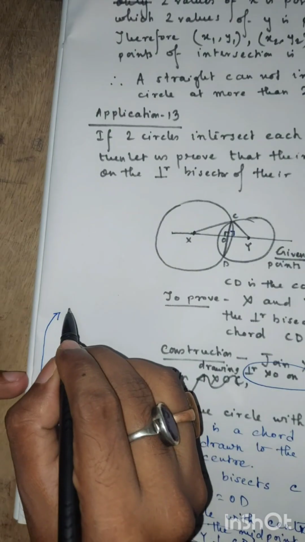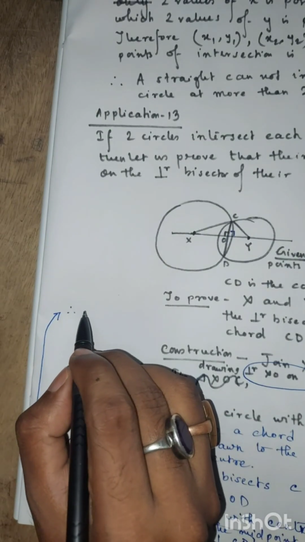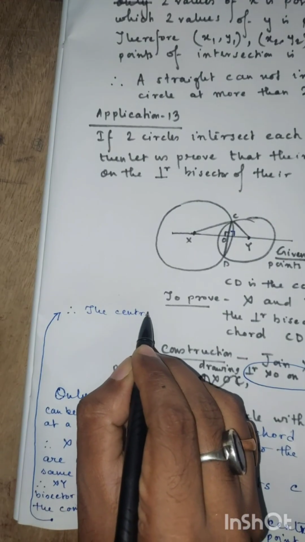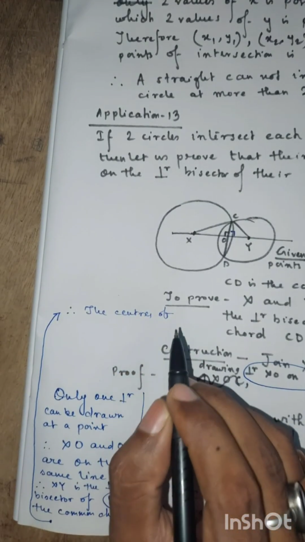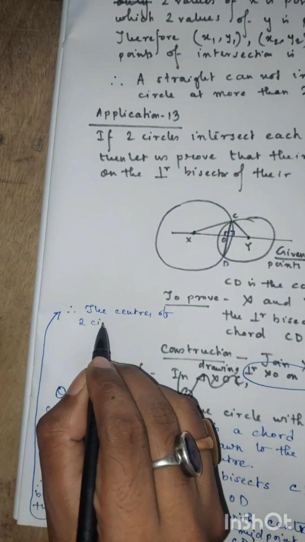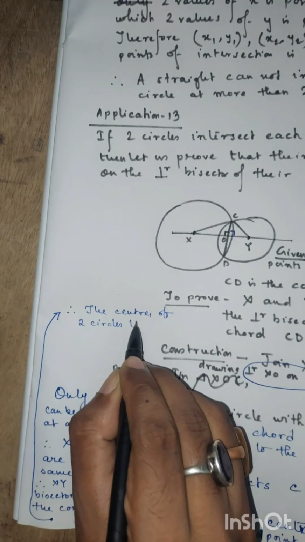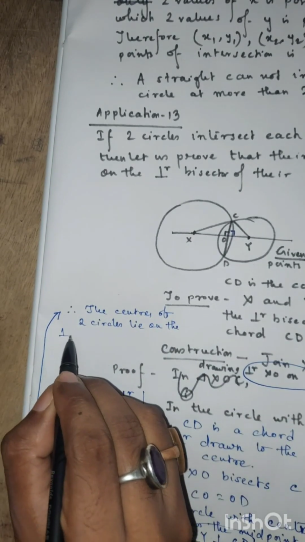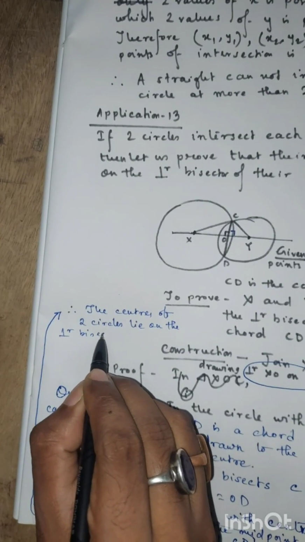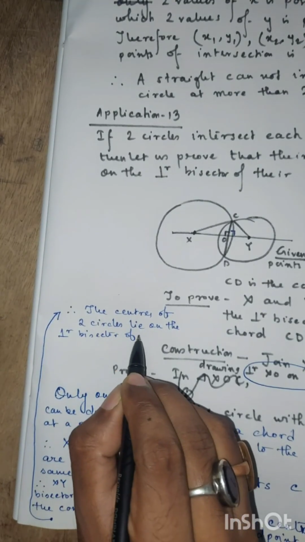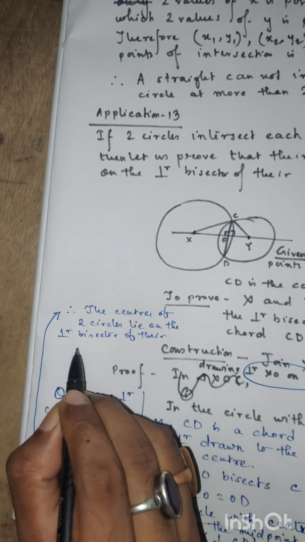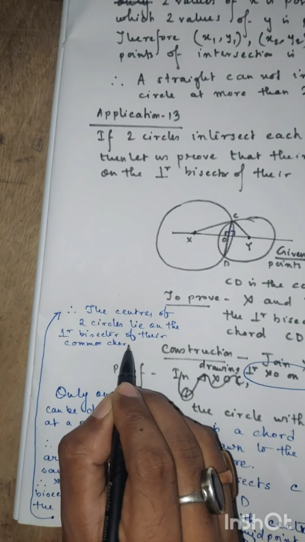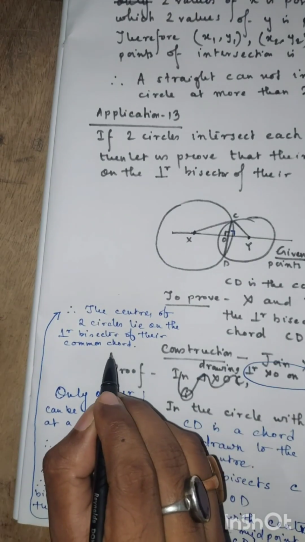Okay, therefore the centers of two circles lie on the perpendicular bisector of their common chord. Okay, so it is proved.